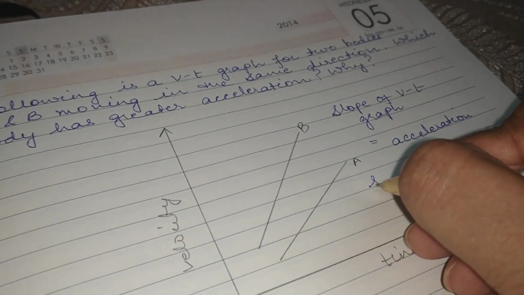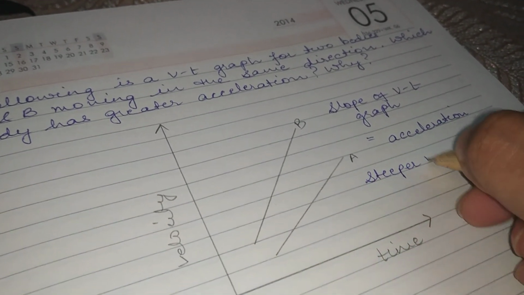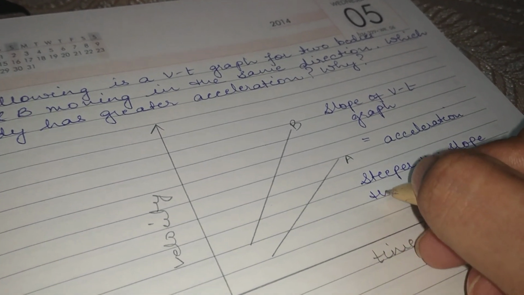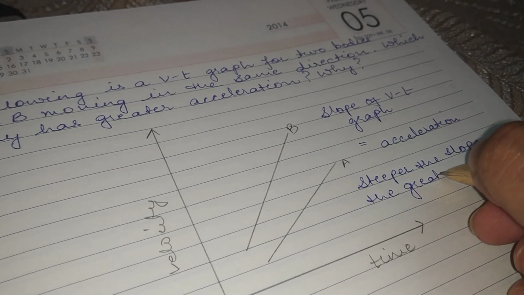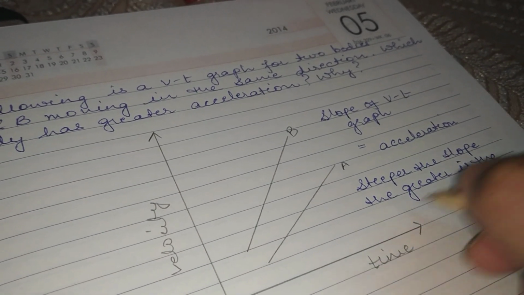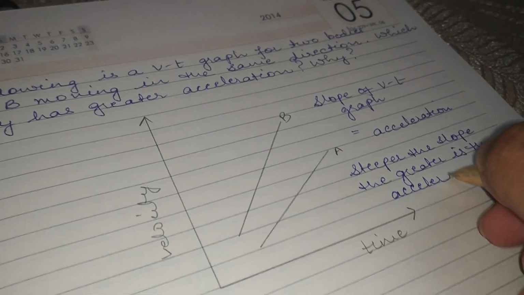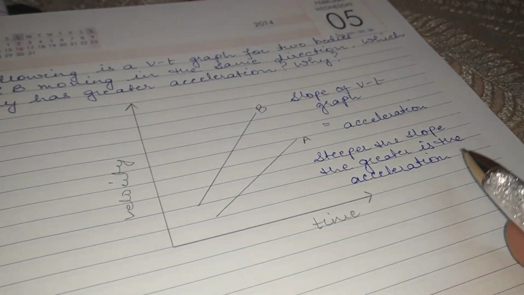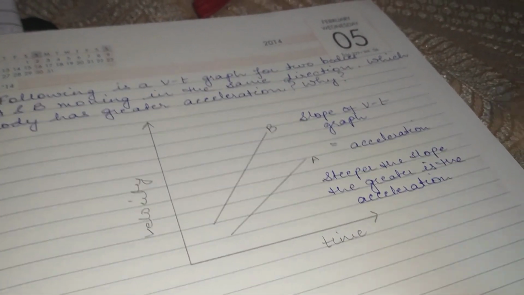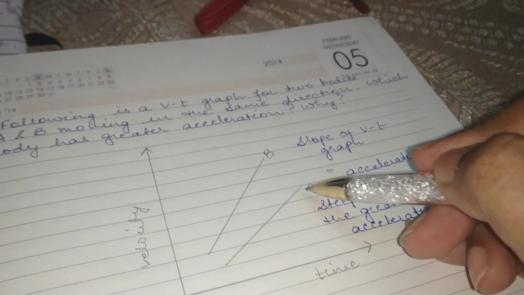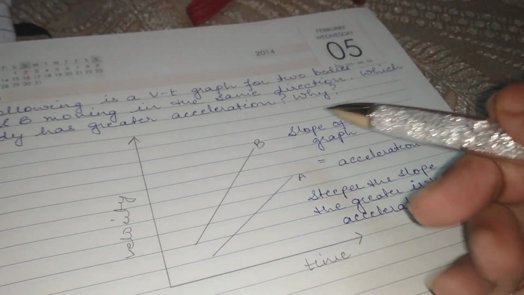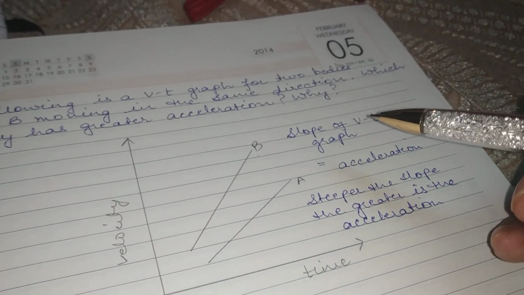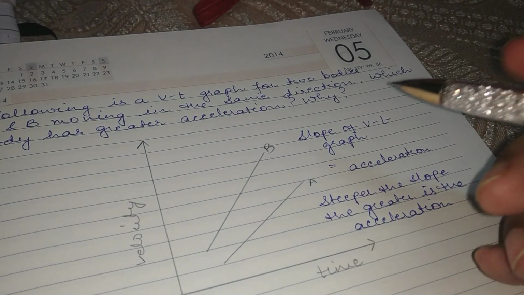Always remember, the steeper the slope, the greater is the acceleration. The steeper the slope, the greater is the acceleration, right? So out of A and B, which one is more vertical? That means which one is more steep? Definitely B is steeper than A. So which one should have greater acceleration?